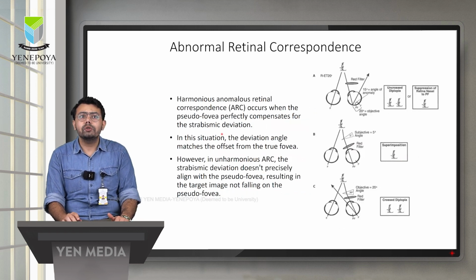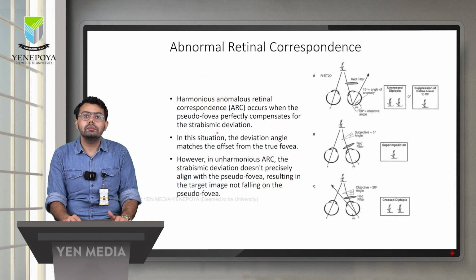So there are two types of abnormal retinal correspondence. The first is harmonious, where the pseudofovea compensates for the strabismus deviation. There are three things to know here: the objective angle, the subjective angle, and the angle of anomaly. The objective angle, as seen in this diagram, is the distance between where the image is formed and the true fovea. The angle of anomaly is the distance between the fovea and the pseudofovea, and the subjective angle is the distance between the image and the pseudofovea.